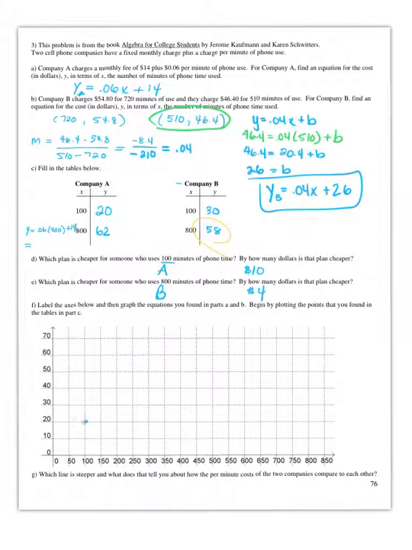Now, we can plot these points on our graph below. So first I'm going to plot company A's line. I'm going to plot the point (100, 20) and then (800, 62) and use those 2 points to connect and draw a line for the equation.